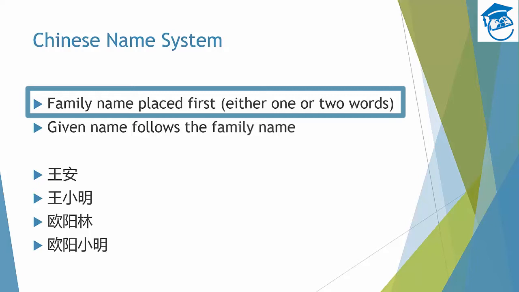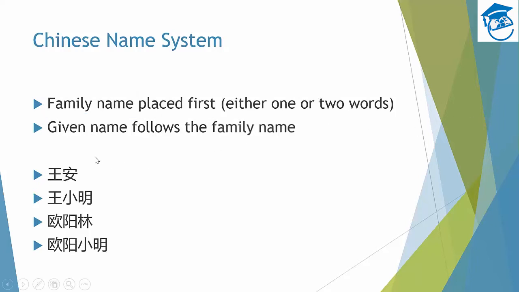It should be called family name or surname, because the family name comes before the given name. Family names are placed first. So sometimes there is confusion for me as a Chinese when we fill up the form.